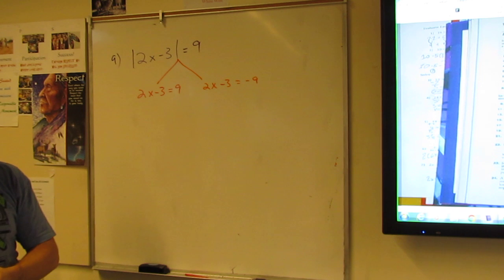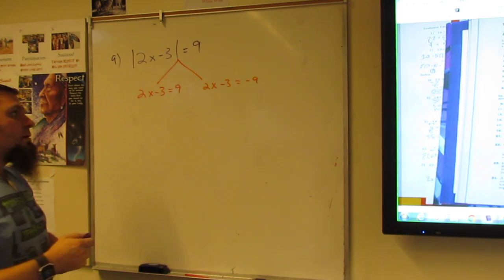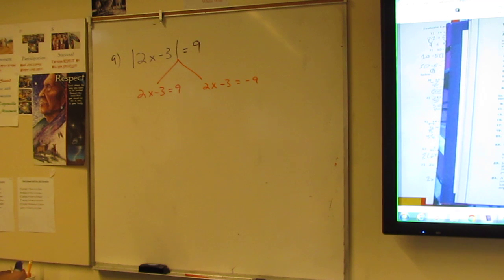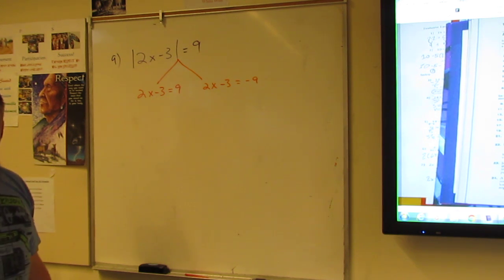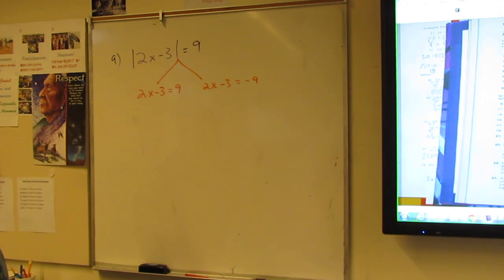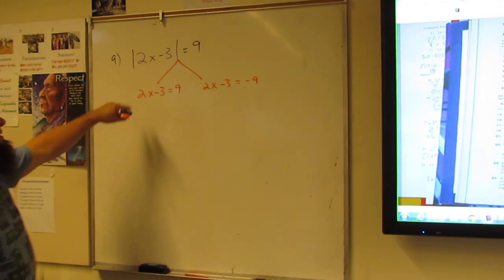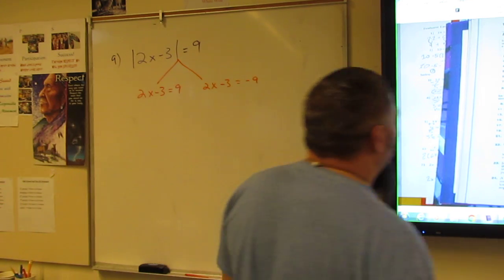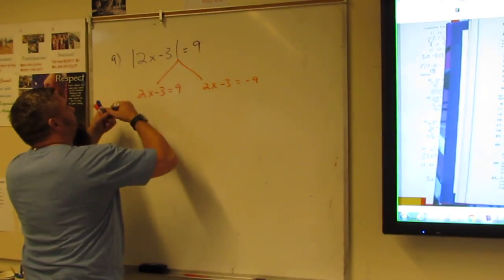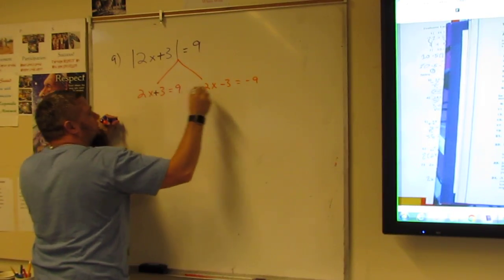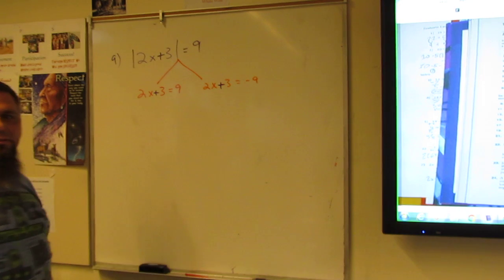The problem is 2x plus 3, and the absolute value isn't around the 9, it's around the 2x plus 3. Sorry about that, let's change this. Is it plus?